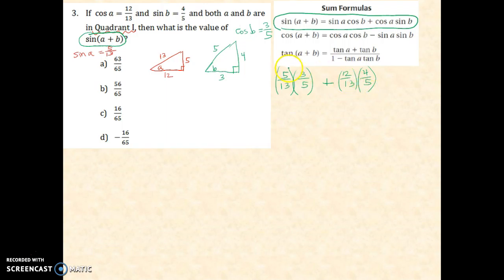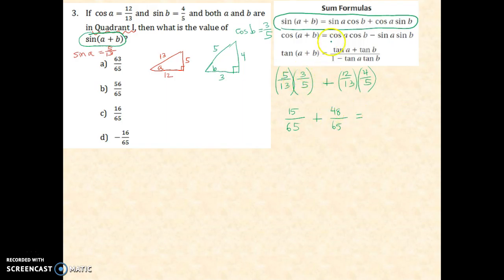And now I got to multiply first, then add. So 5 times 3 is 15. 13 times 5 is 65. 12 times 4 is 48. And then again, 13 times 5 is 65.